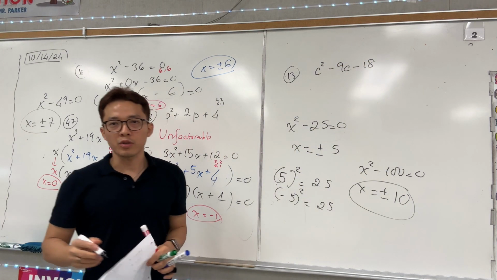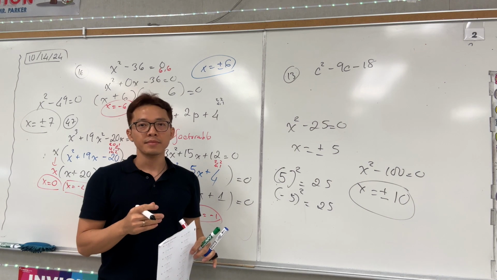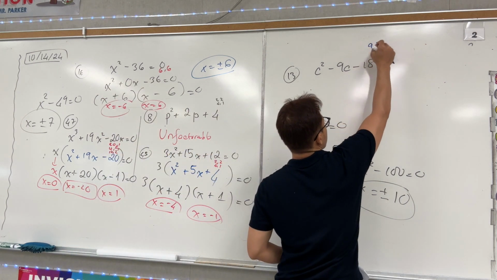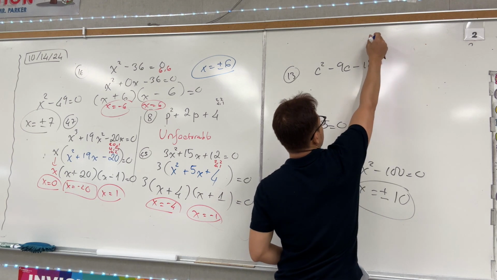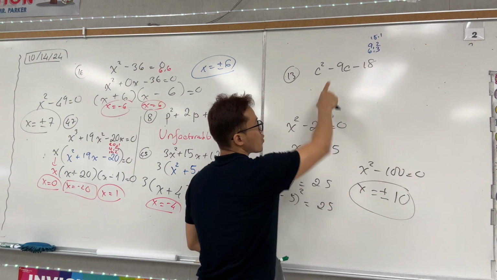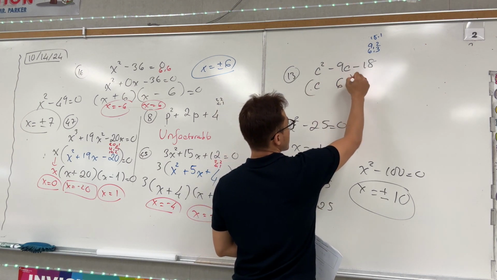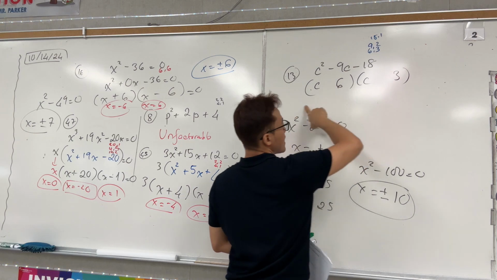What are two numbers multiplied to 18? 9 and 2, 6 and 3, 18 and 1, right? Which one is going to give you 9? 6 and 3. So 6 and 3, sign? Negative.